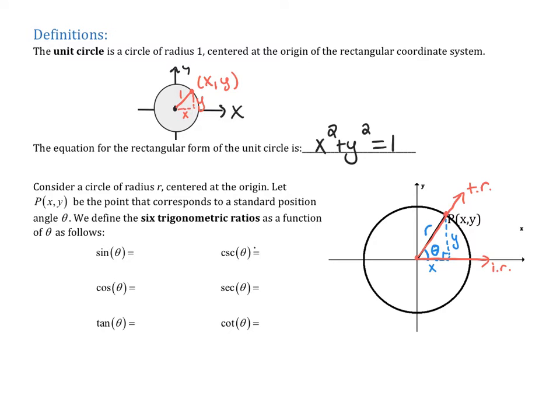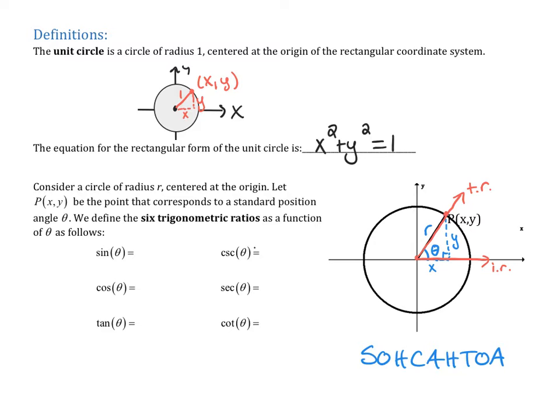You may know from geometry or some other course, SOHCAHTOA, and that's just a memory device so you can remember what the ratios are. So it stands for that the sine is the opposite over the hypotenuse. If I'm looking at this angle theta, the opposite would be the y coordinate of the point, and the hypotenuse would be the radius of the circle.